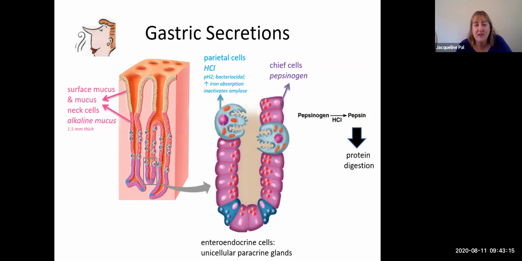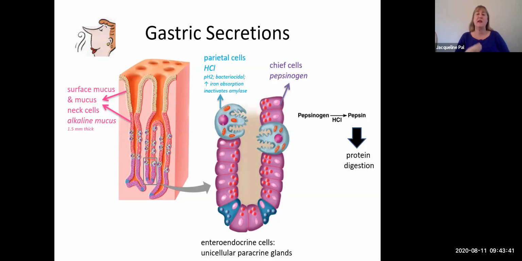All right, moving on. A concept that is going to be in the stomach, but also in other places in the intestine, is what we call enteroendocrine cells. Entero meaning intestinal, and endocrine cells. So here we have single cells which have an endocrine function. In this case, these are unicellular paracrine glands.